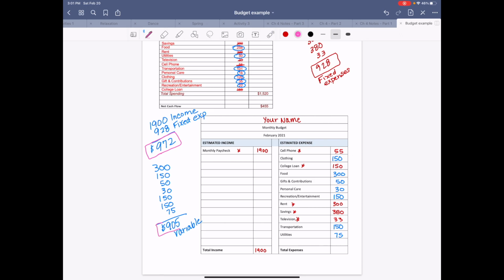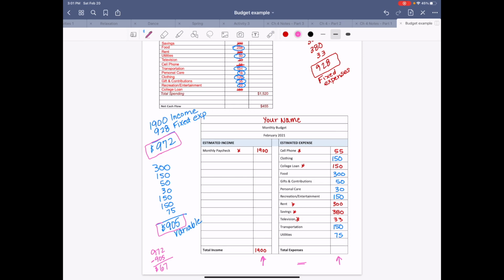I only used 905, so 972 minus 905 would allow me $67 to put in other accounts. Because when you are all done, you want this number and this number right here to equal out. Okay, so that's $67. I can put it anywhere I want.